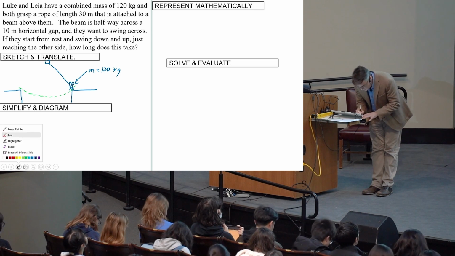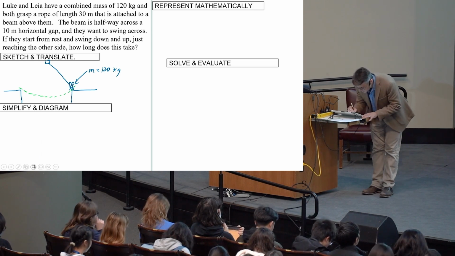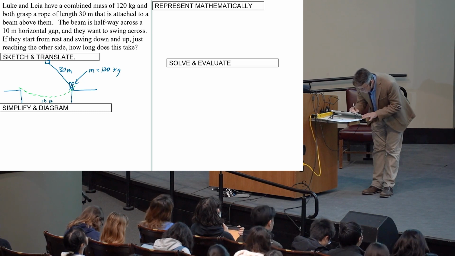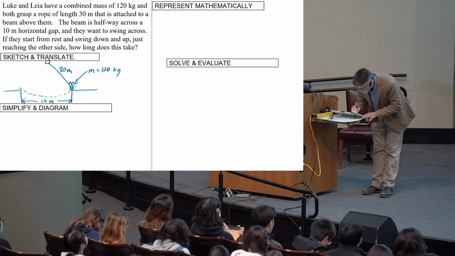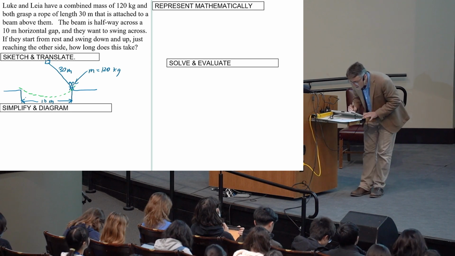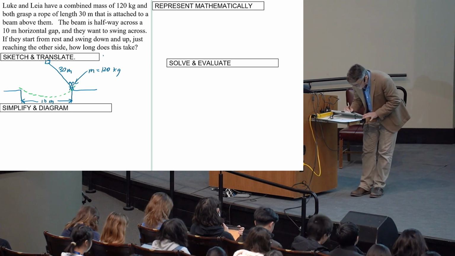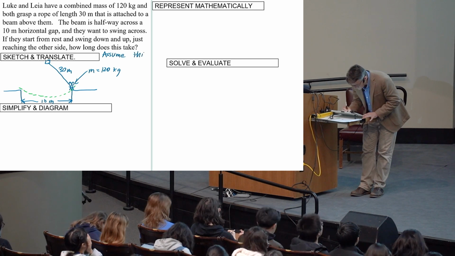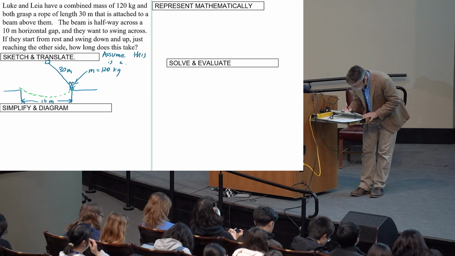We're going to do the small angle approximation, which hopefully is okay, actually. The rope is 30 meters. This is 10 meters from here to here. This is the gap, I guess. And we're going to assume this is a pendulum.